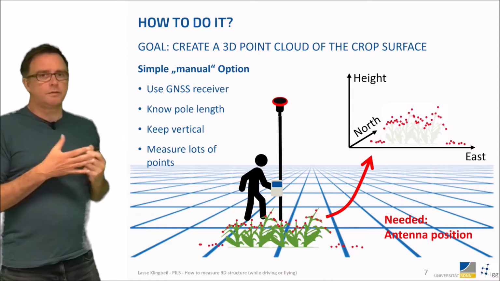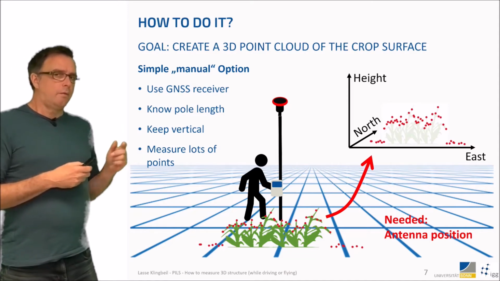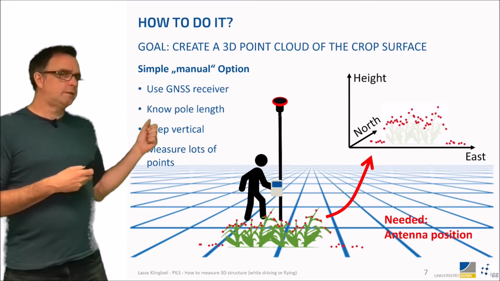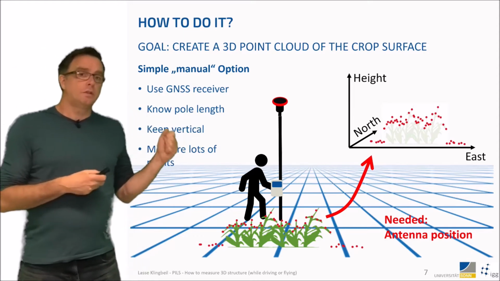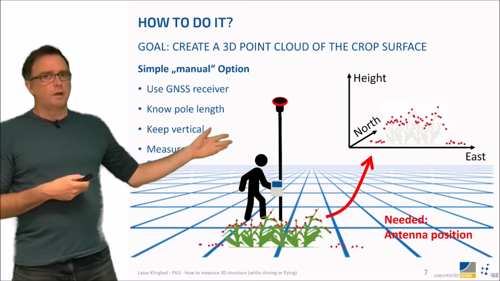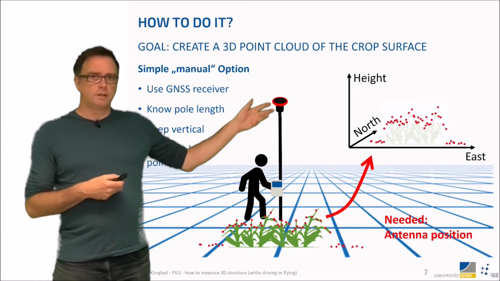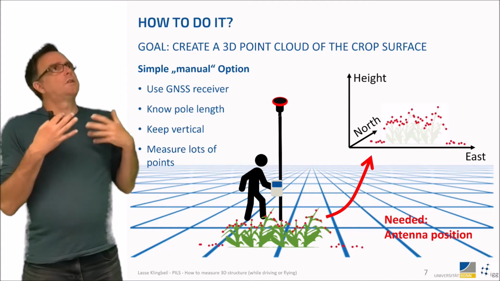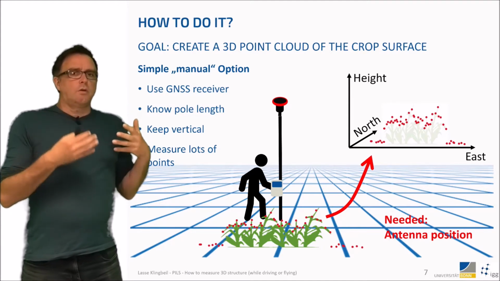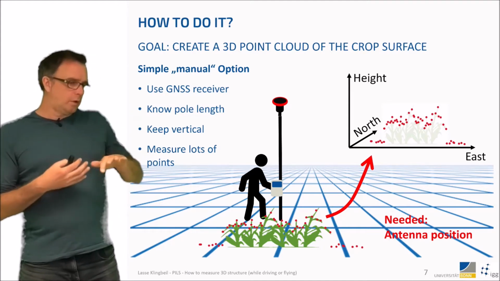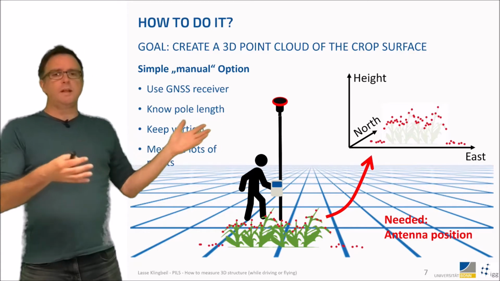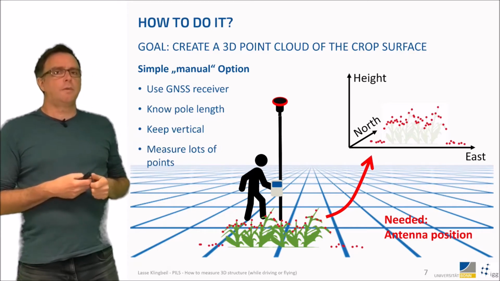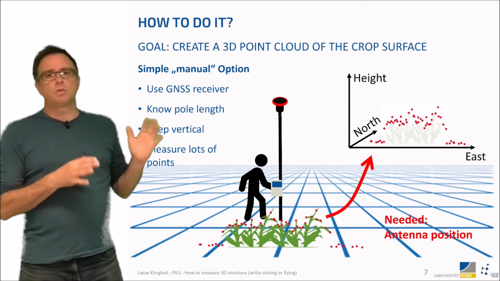Let's start with a very simple example where we take a system which gives us a position, which is this GNSS antenna with a stick. Let's assume we have the task to generate a crop surface model, like we want to measure the surface of a field of plants using a GNSS receiver. No one would do that, right?